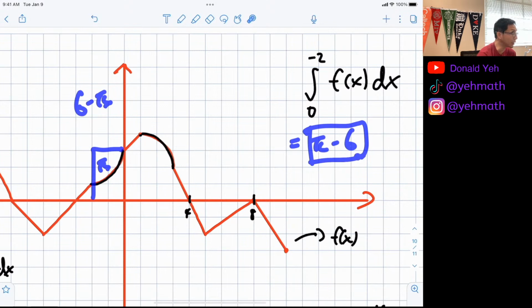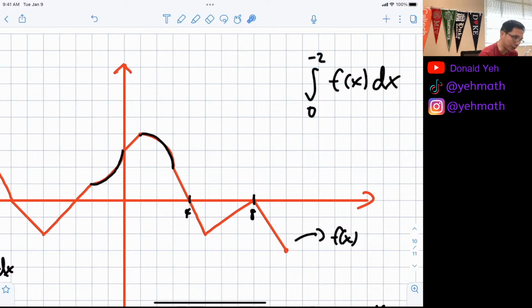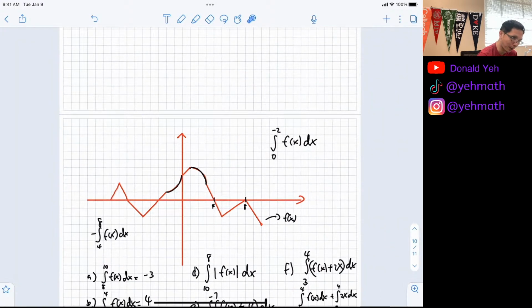Because you gotta invert the 0 and -2, right? So it's gonna be negative. You have to think about a very simple geometry question. This is a 6 and take away pi to get this weird looking shape. Does that make sense? And then you're gonna invert it, so it's gonna be pi minus 6. So the answer is pi minus 6.